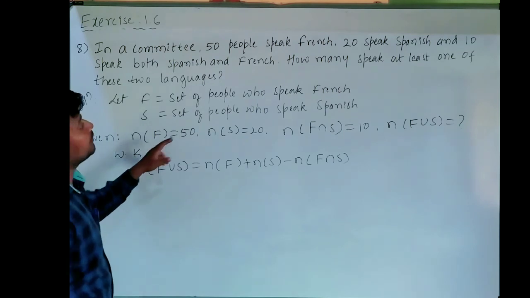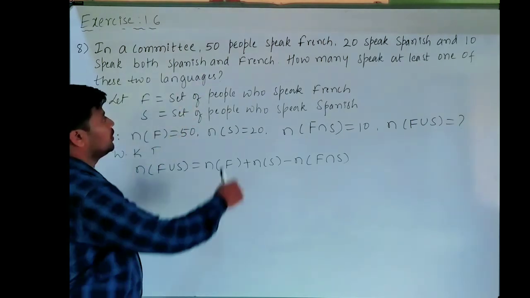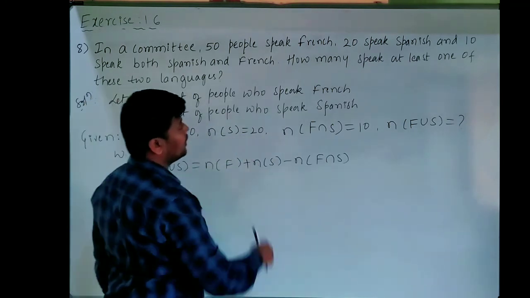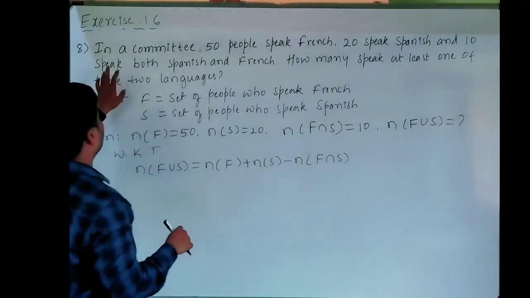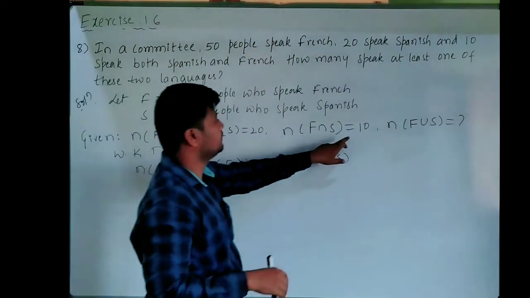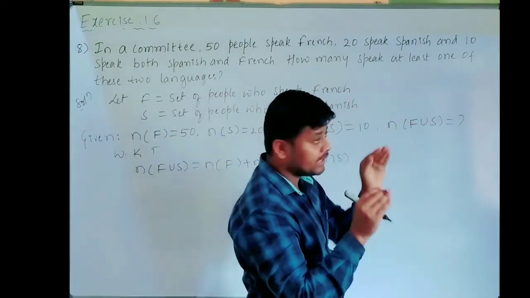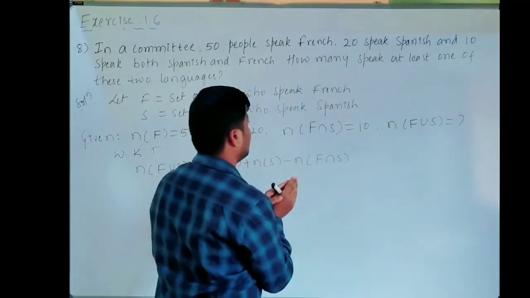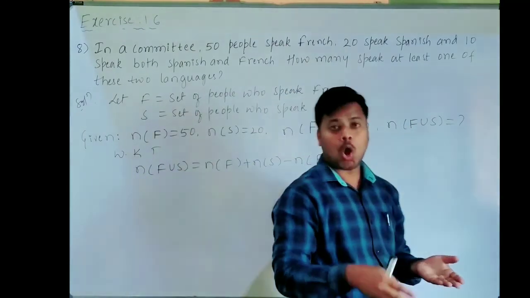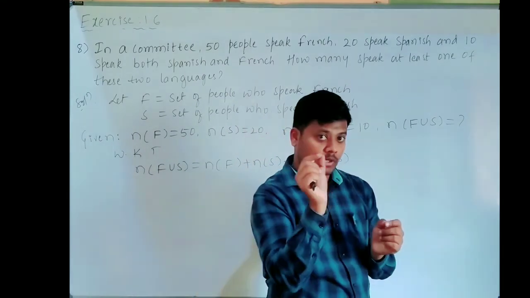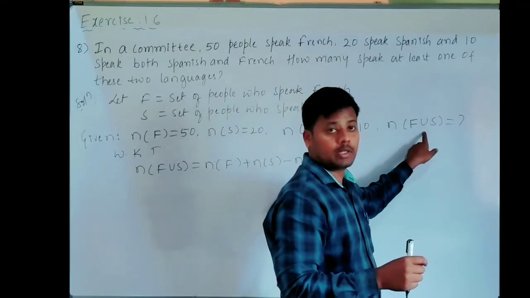The number of people who speak French is 50, Spanish is 20, and the number of people who speak both is 10. We have to find how many people speak at least one of these two languages. Either they may speak French or Spanish, so for at least one of the two languages we have to find the union.